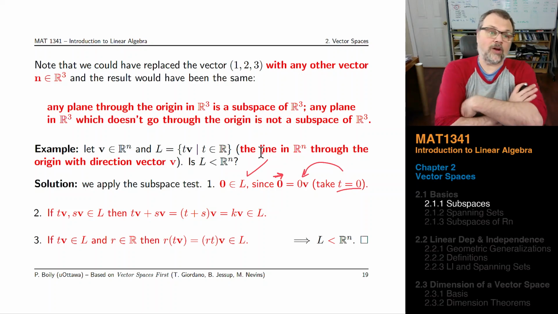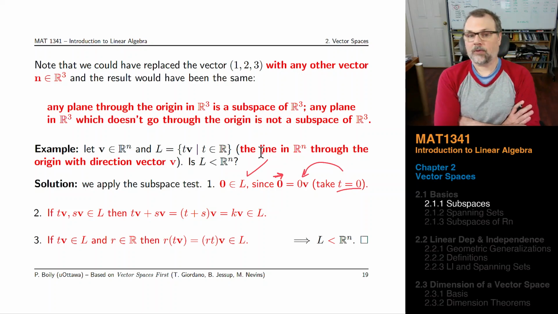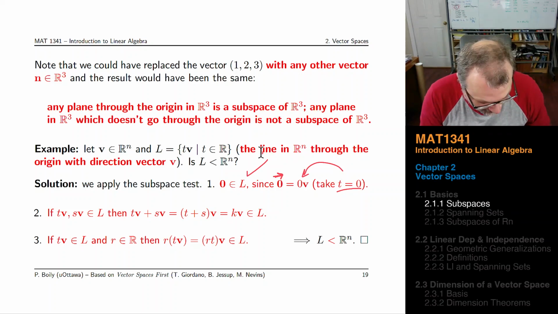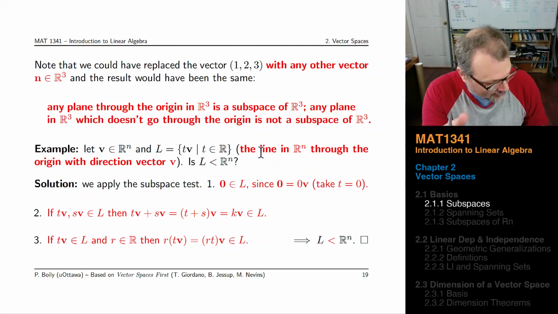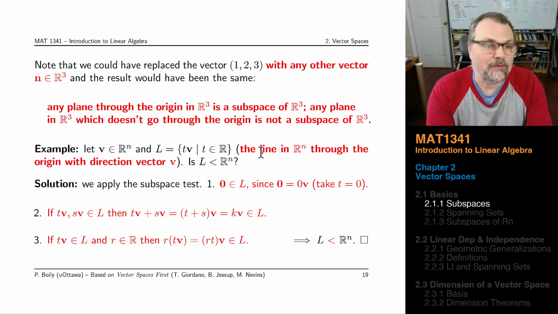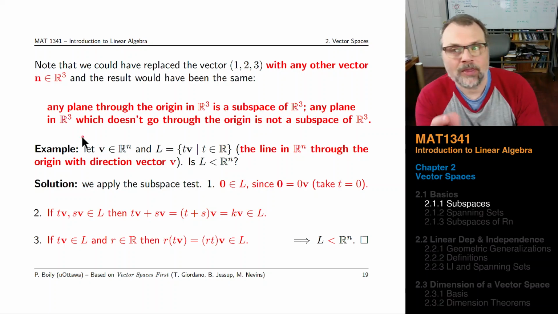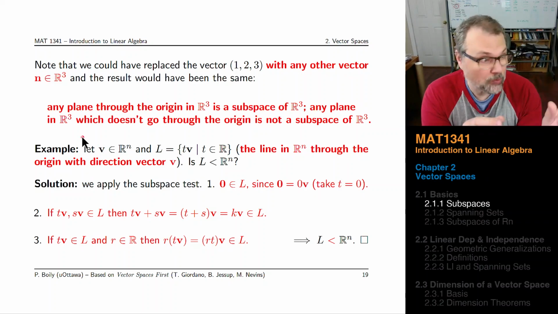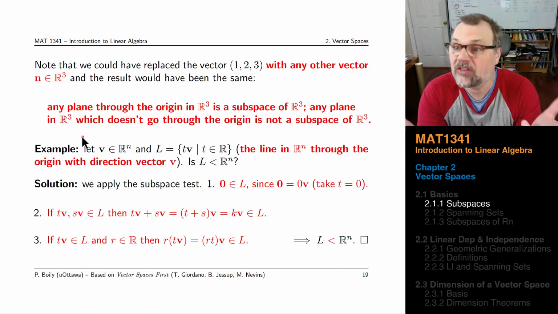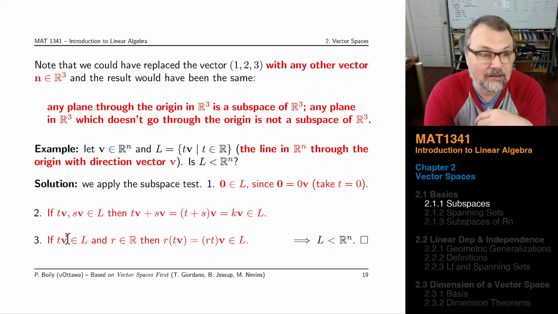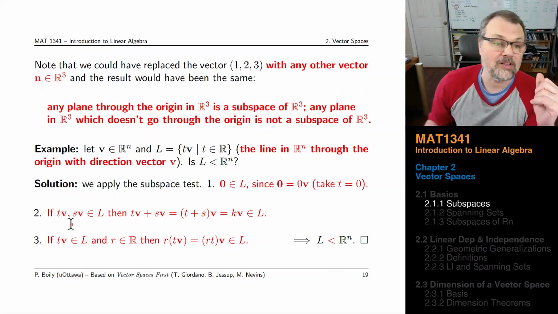I'd like to know now whether if I take two vectors in L, their sum is also in L. What does it mean for two vectors to be in L? Usually what I write here is, let u be in L and v be in L, and that's not a great notation because v in this case is being co-opted as the direction vector. What the subspace test really says is, if you have two things in L, their sum is also in L. So let's take two things in L. What do two things in L look like? It's going to look like tv and sv, where t and s could conceivably be the same thing, but they could also be different.